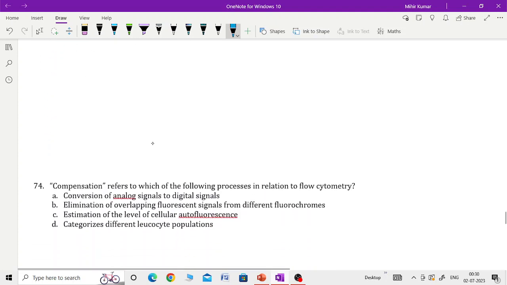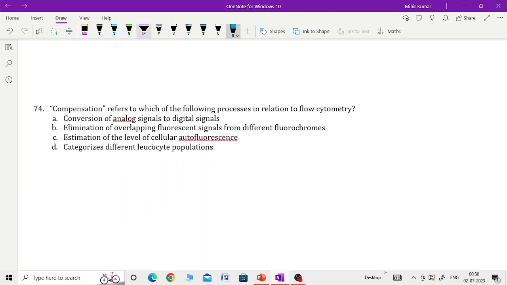The next question is also too easy. This is called compensation. Compensation refers to the following process in relation to flow cytometry.